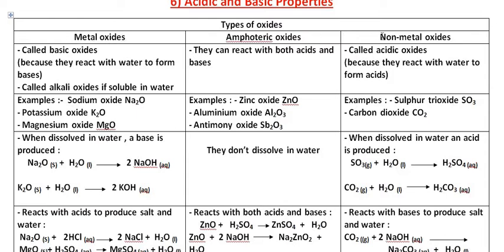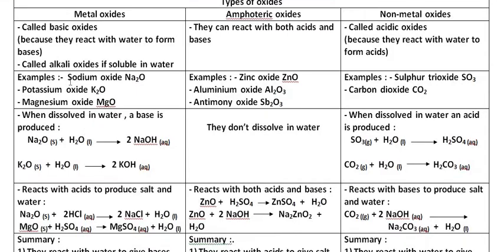On the other hand, non-metal oxides react with water to form an acid. So non-metal oxides are called acidic oxides. Why acidic oxides? Because the non-metal oxides react with water to give acids.